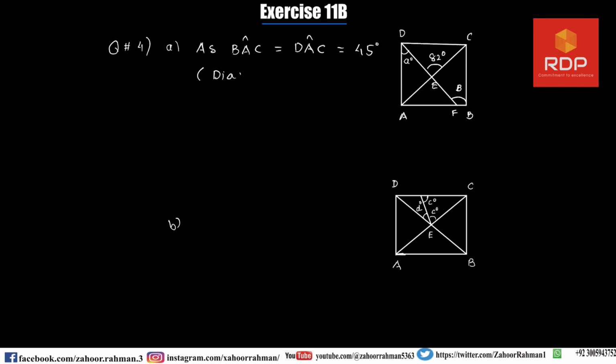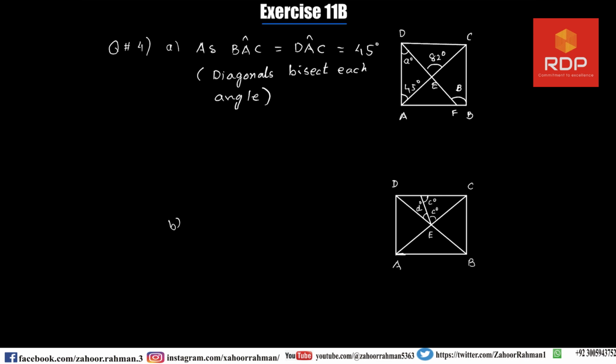We studied this property. Diagonals bisect each other, each interior angle I should say, bisect each angle. So it means that this will be equal to 45 degree, and we found it through proper channel.